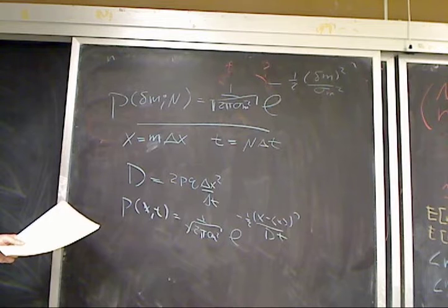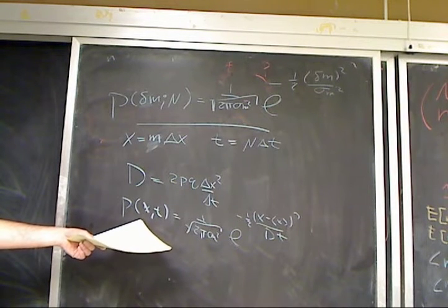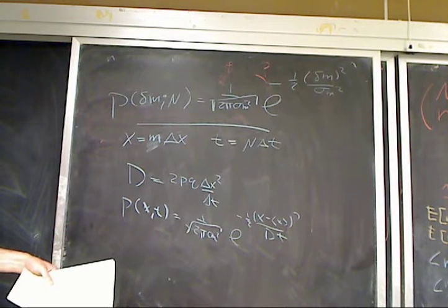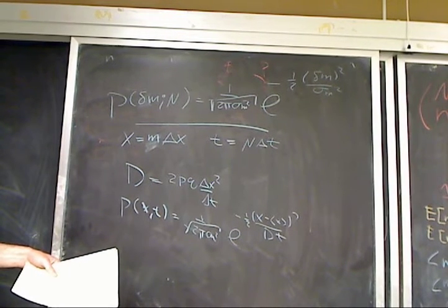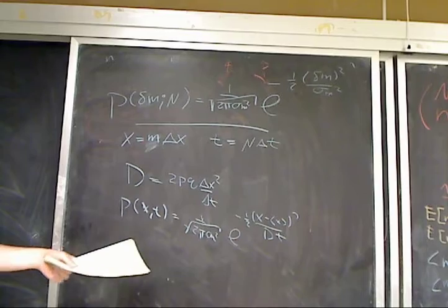Okay, so the probability distribution of a quantity is going to go like this.